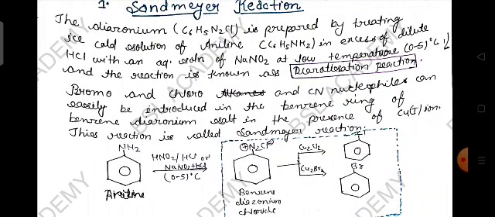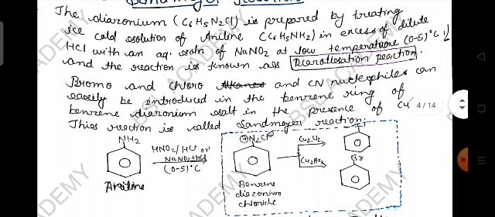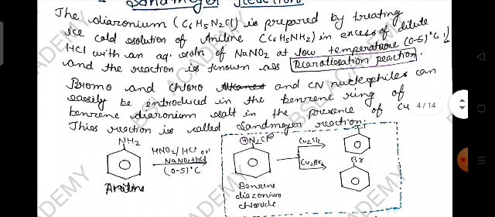The diazonium salt C6H5N2Cl is prepared by treating an ice cold solution of aniline, C6H5NH2, in excess of dilute HCl with an aqueous solution of NaNO2 at low temperature, 0 to 5 degrees Celsius, and the reaction is known as the diazotization reaction.